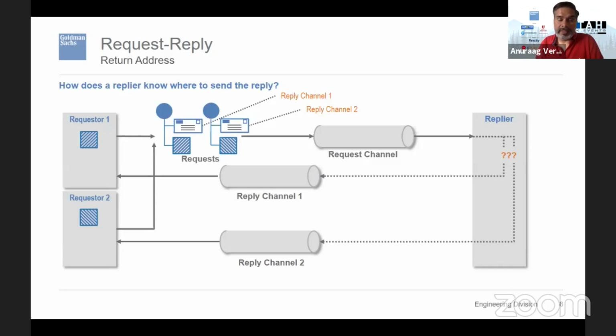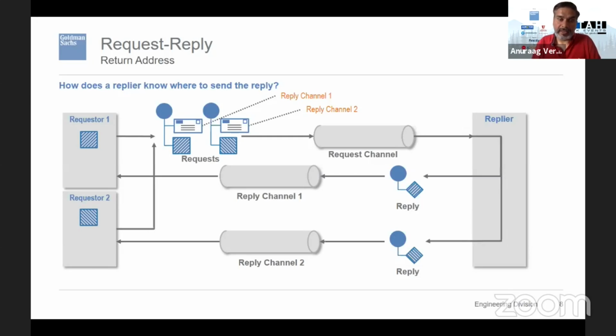The requester is recommended to put in a reply channel, and the replier will look at that information and accordingly route the reply to the right reply channel. The benefit of this approach is you get isolation between replies for each of your requesters. Plus, in case your replier creates a generic implementation for sending these replies on the appropriate channels, your replier is not changing every time a new requester is coming or a new return address is being specified.